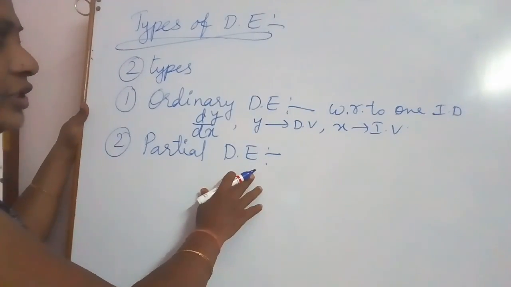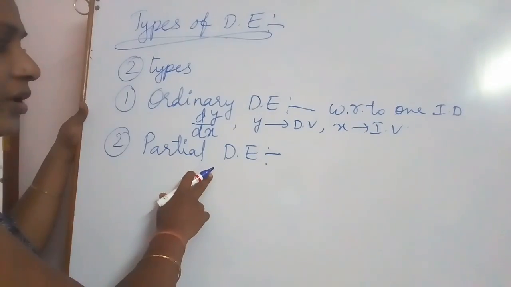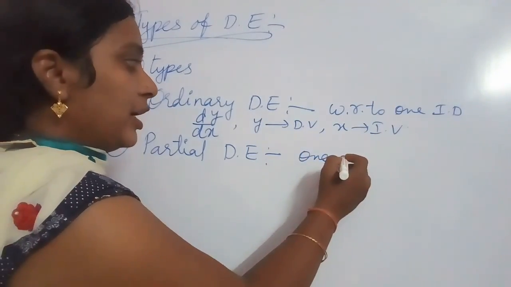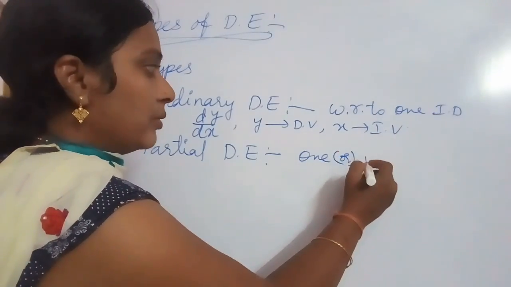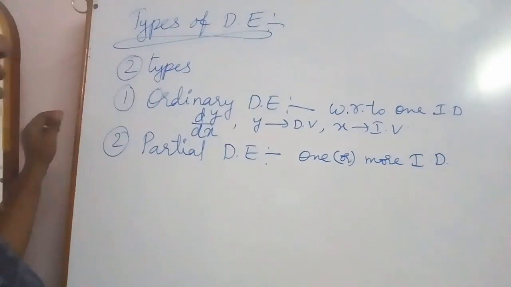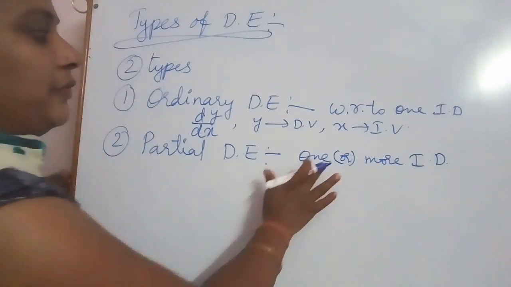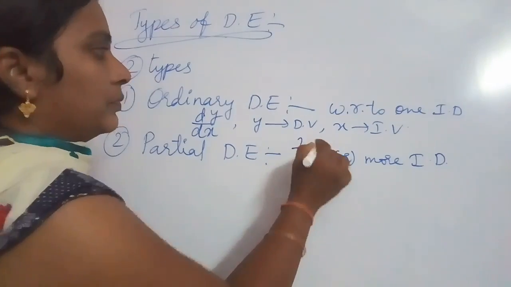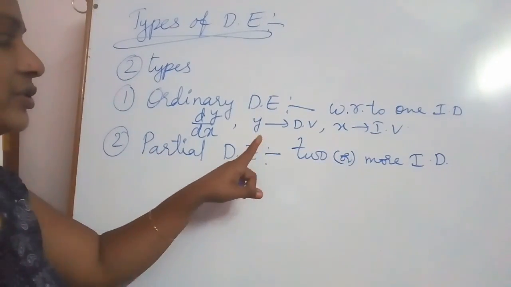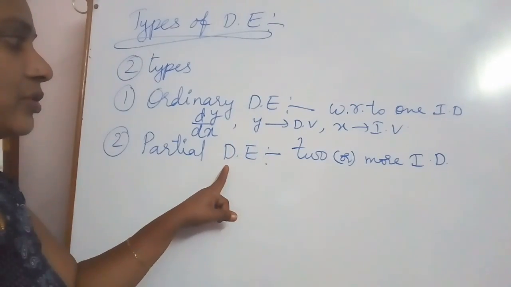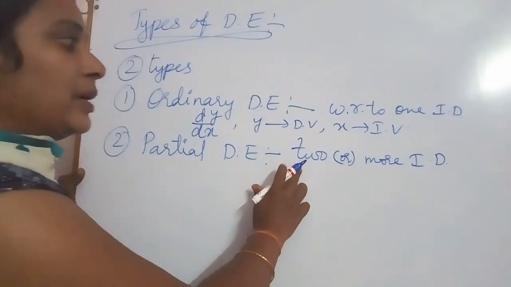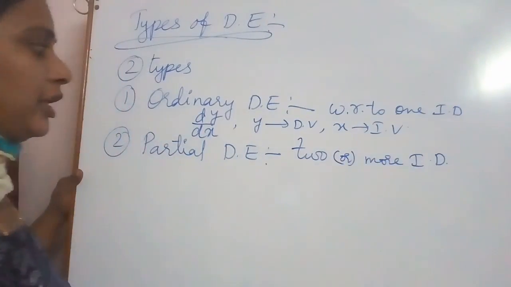Partial differential equation means an equation involving derivatives of two or more dependent variables with respect to two or more independent variables.